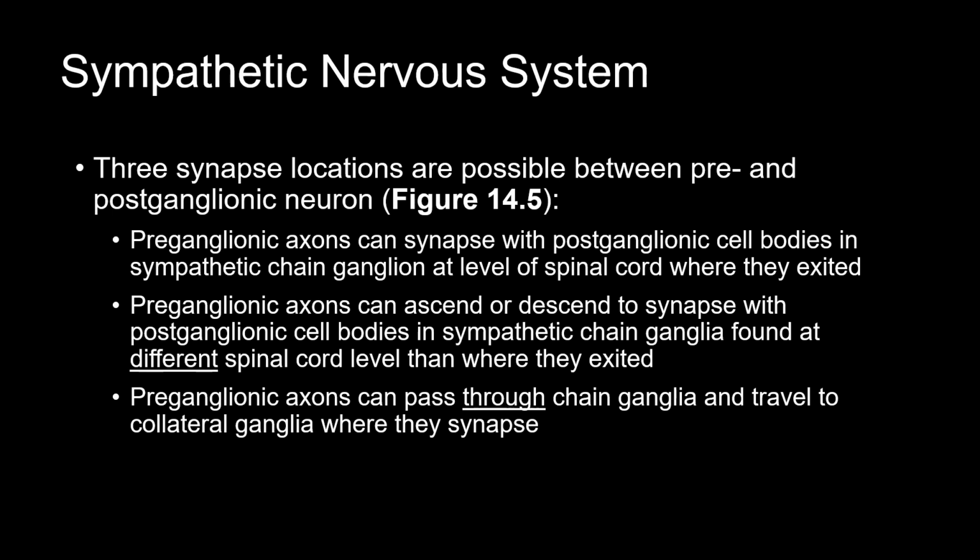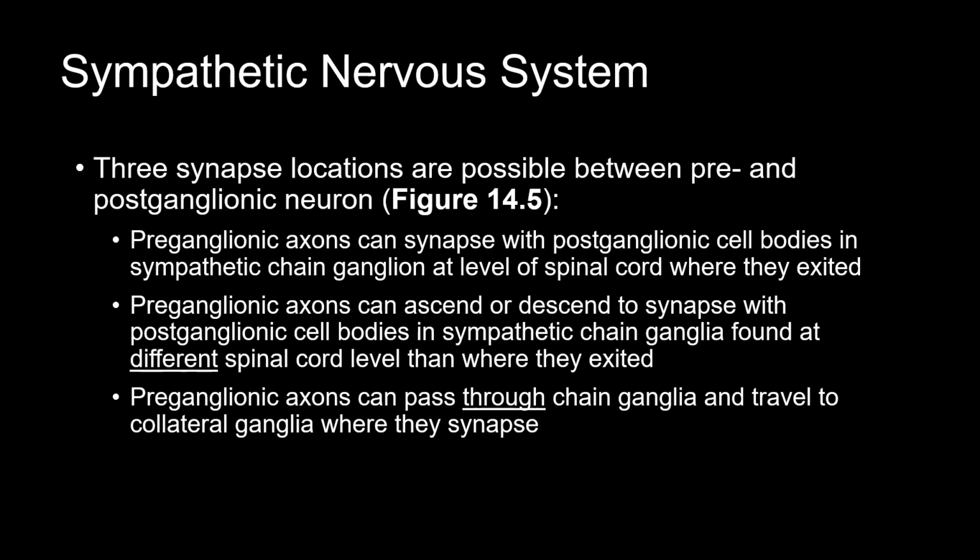So there are essentially three ways a preganglionic neuron may synapse with a postganglionic neuron. The first is that the axon will descend or ascend and synapse with a postganglionic neuron in a different chain ganglion.